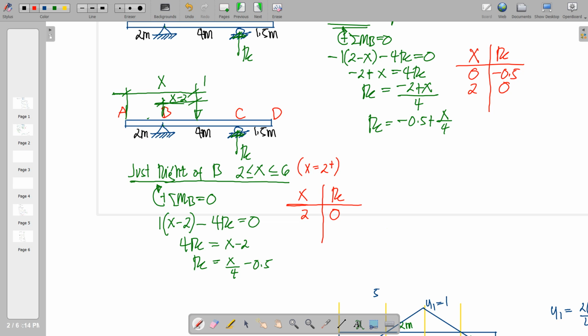Moving on, our next value, I think we should jump to just left of C, where x is equal to 6. So if x is 6, 6 over 4 minus 0.5 will be equal to 1.